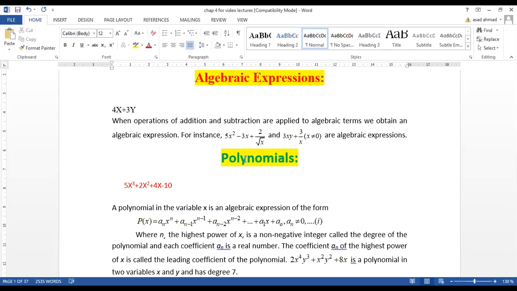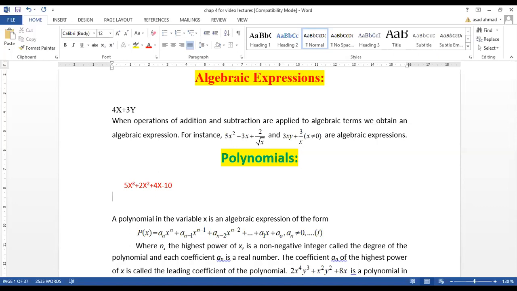But it has a specific property that when the variables are used in it, all the variables have a power that is a positive integer. Now, you should remember what integers are.